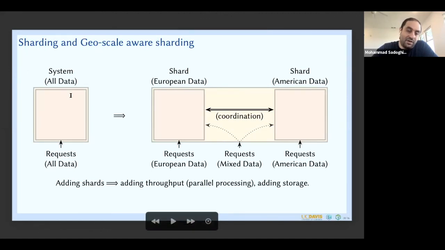In a non-sharded, fully replicated system, every replica has all the data, or we could have shards, one with European data, one with American data. And then there is coordination as necessary among these shards. So every transaction no longer needs to be observed in both the European and the American shard. Only relevant transactions get replicated. So that's a very exciting area to work with in the blockchain space.